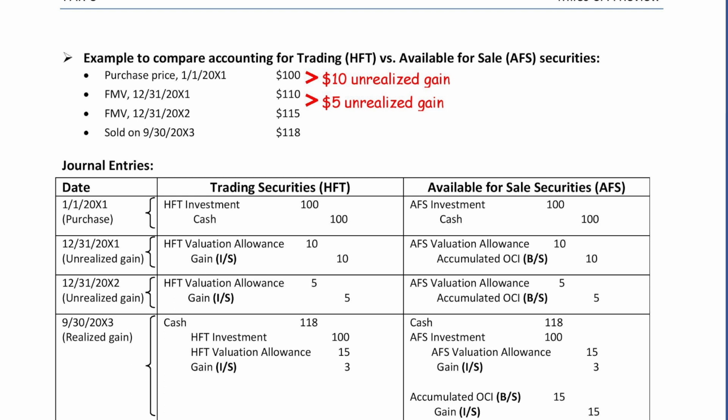That's an extra $3 gain vis-a-vis the fair value that we had on 31st December year 2. And in brackets, total there is $18 realized gain on the sale of the security in year 3.